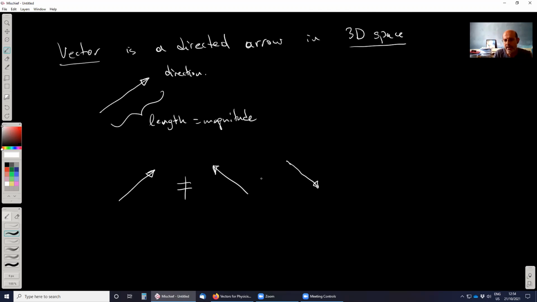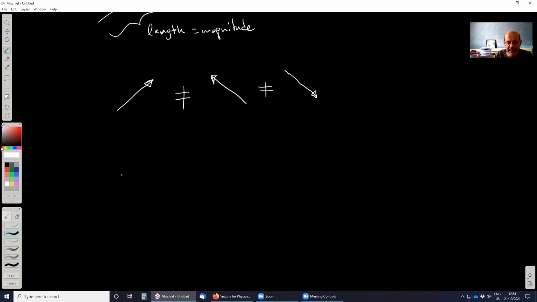So this vector is also different from the vector in the opposite direction, even if their magnitudes are the same. Just keep this in mind. So we will be saying that two vectors are the same if they have the same magnitude and the same direction. So the starting points do not matter.